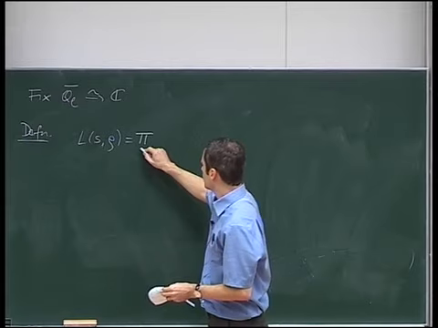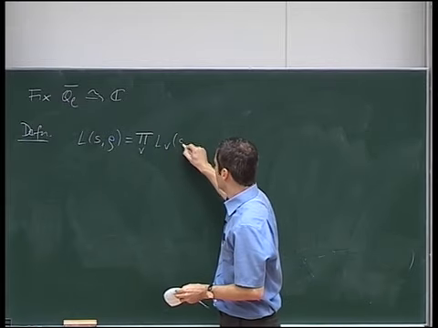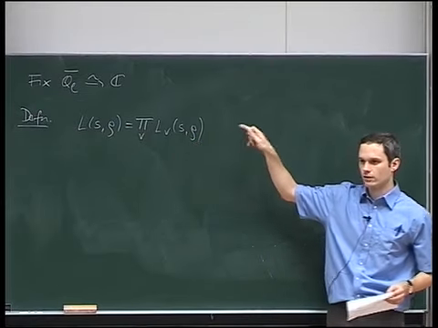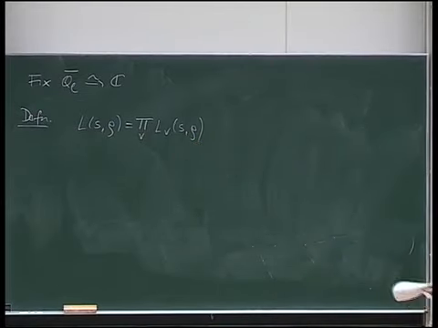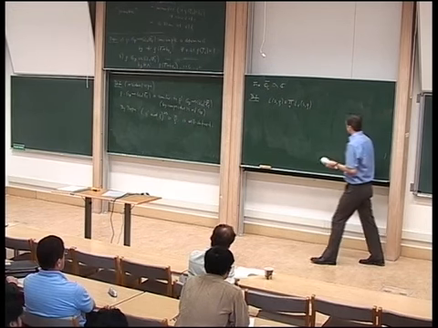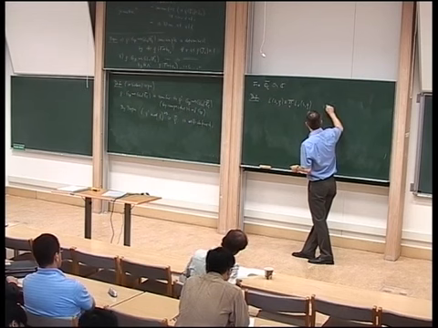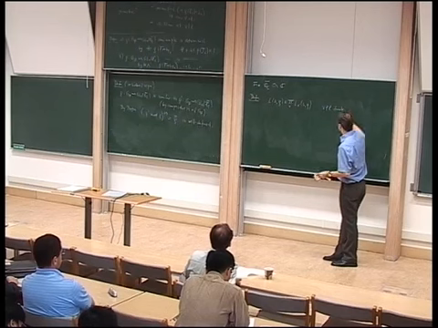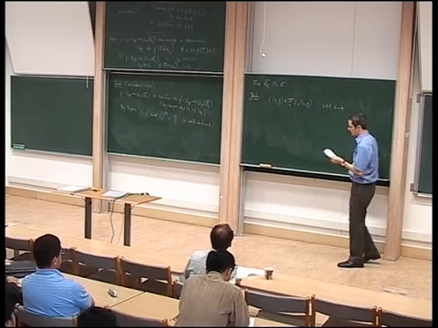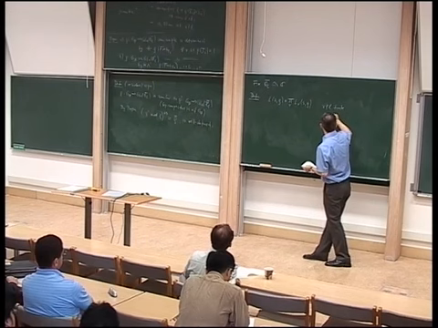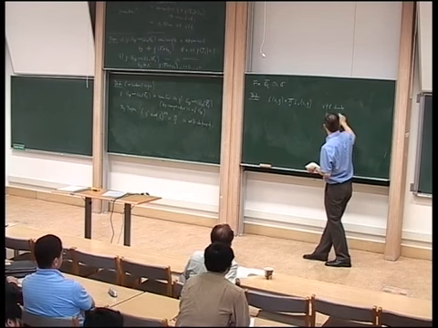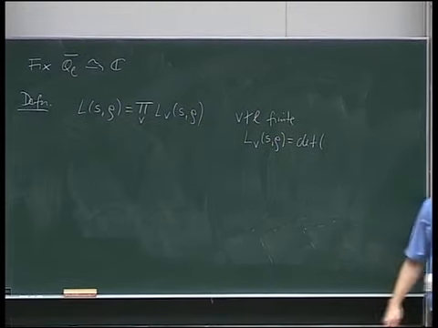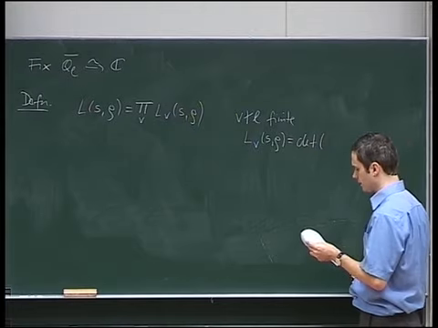Define the L function here as an Euler product over all places, where each Euler factor, in fact, depends only on the restriction of rho to the decomposition group at v. And I'll give you the recipe for all finite places not dividing our prime L. This is given as the characteristic polynomial of Frobenius on the coinvariants with respect to inertia.